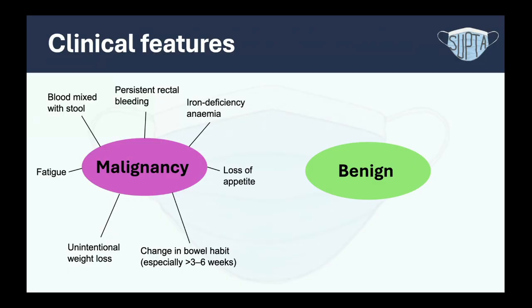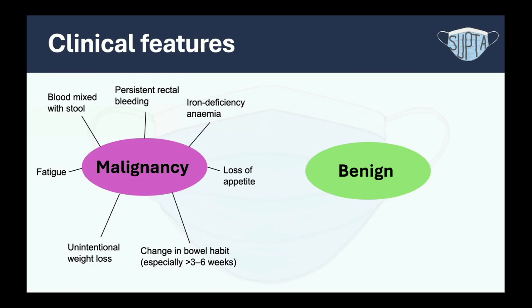We then have change in bowel habits, especially more than 3 to 6 weeks. So any new, persistent or worsening change in bowel habits, whether it's constipation, diarrhea, or alternating patterns that last for more than 2 weeks, will raise some suspicion. And unintentional weight loss is another classic indicator of underlying malignancy.